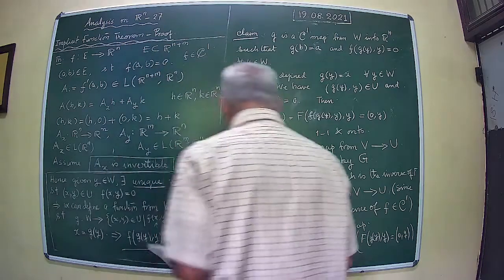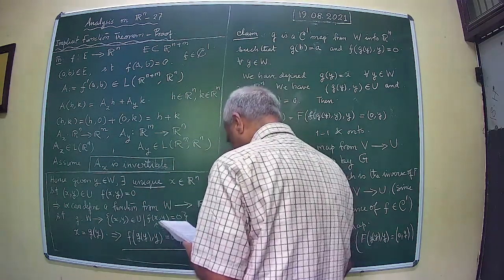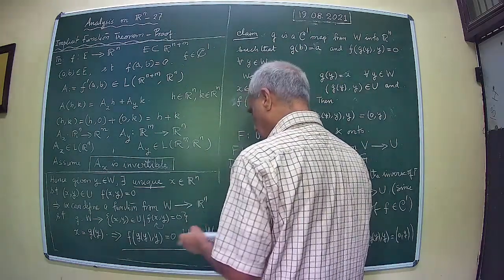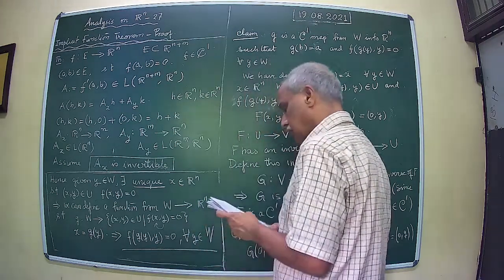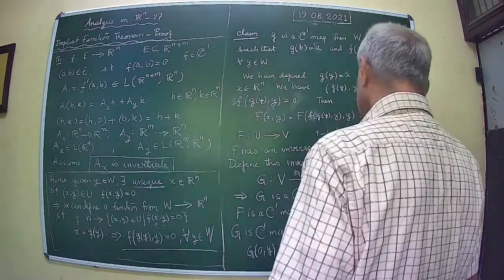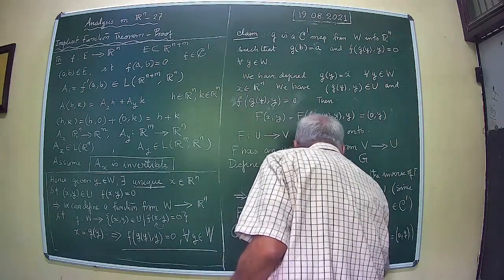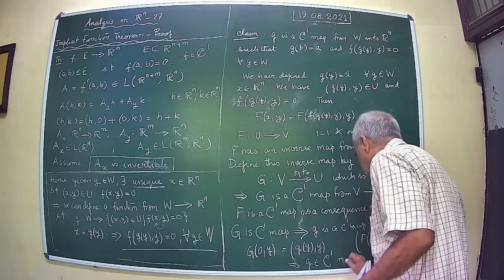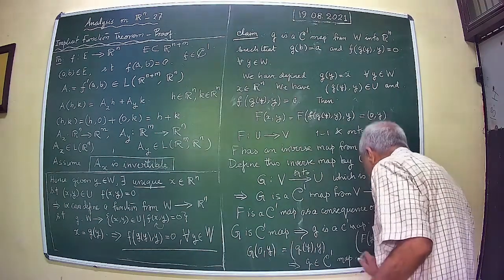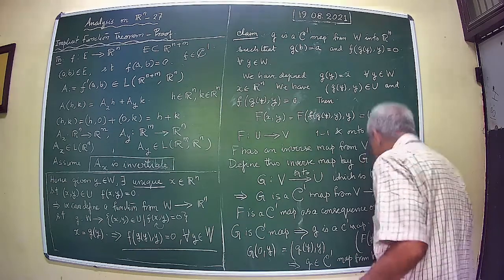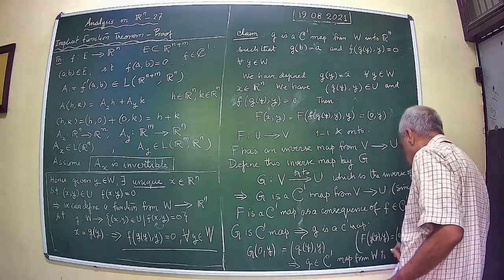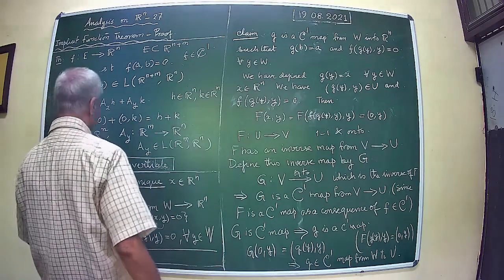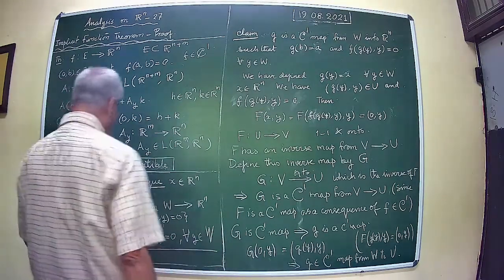Okay, so F of, now let us compute, C1 map from W to U. So that statement we have proved.